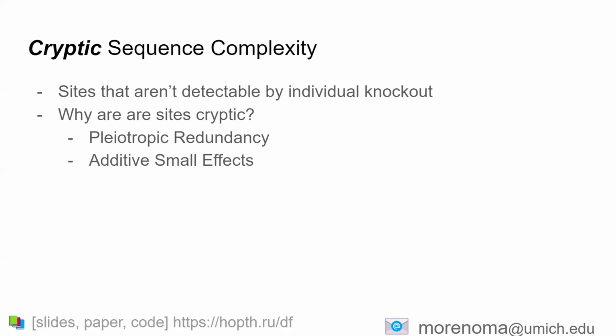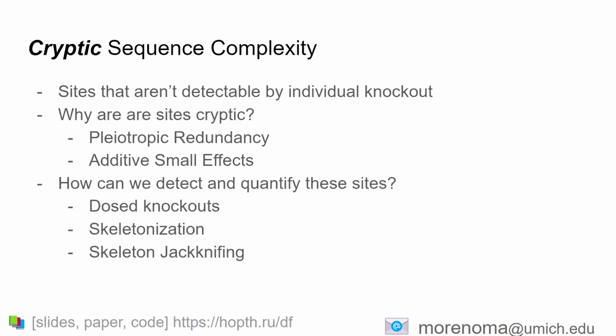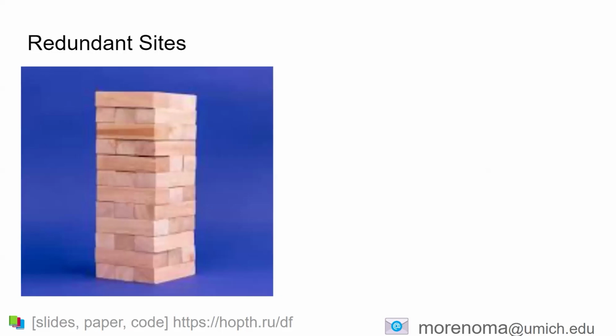In this presentation, we'll talk about two different reasons why sites might manifest as cryptic: due to redundancy effects and additive small effects. We'll describe both of those in more detail shortly, and then we'll overview three different proposed approaches to try to quantify different aspects of this cryptic complexity.